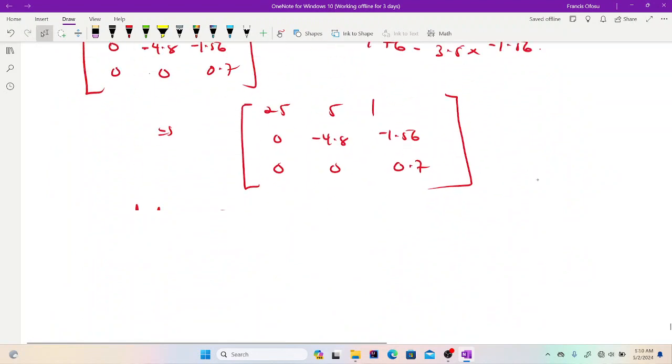So we can boldly say that our determinant for the matrix A is equal to negative 84, which is the determinant of this matrix, because this matrix is derived from the original matrix A through row operations.